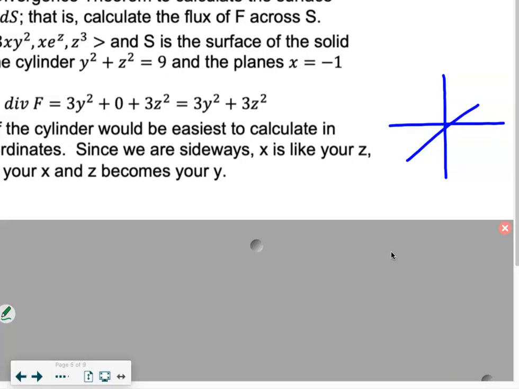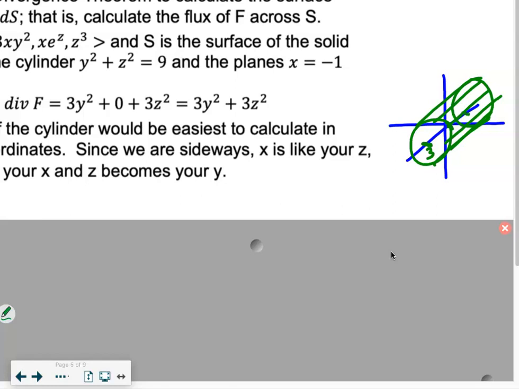Okay, so if I put a circle here and a circle here, that didn't look good. There's my cylinder. That's not bad, right? Okay, so anyway, this boundary is x equals 3.